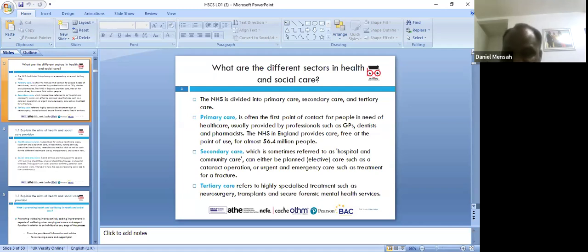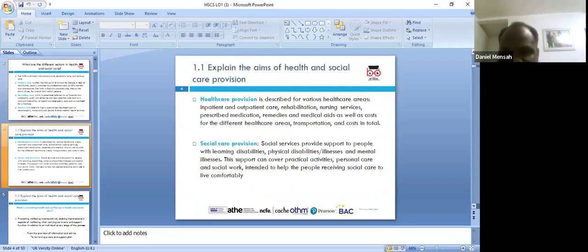It may involve transplant, it may involve forensic checks and all of that. So these are the explanations when we talk about primary care, secondary care, and tertiary care within the NHS function.